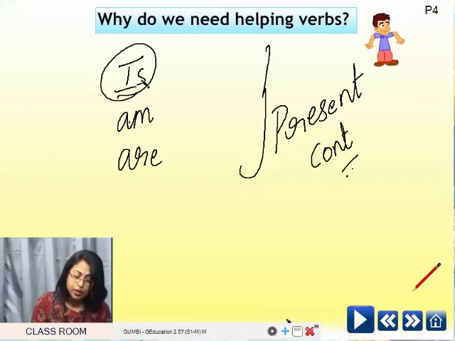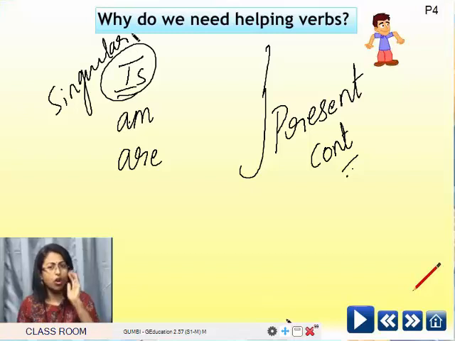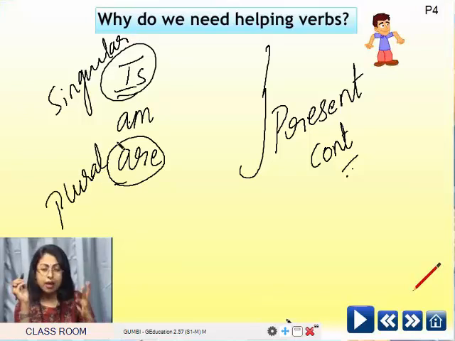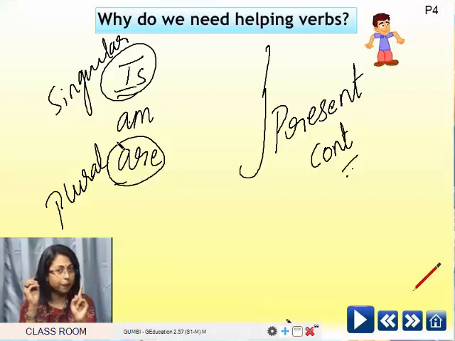And is is your singular. Anything which is one, we call it singular. And are will be used for your plural. So is, am and are are your helping verbs. They are also used in your present continuous.